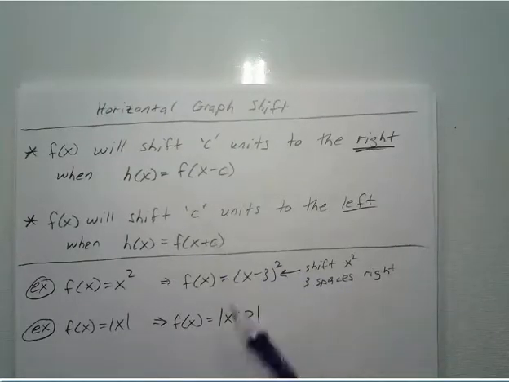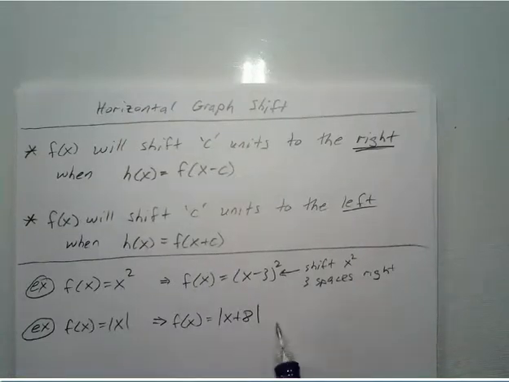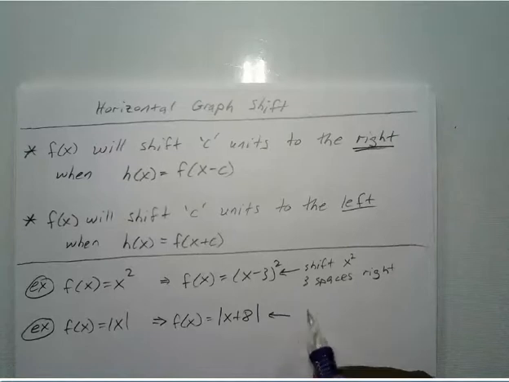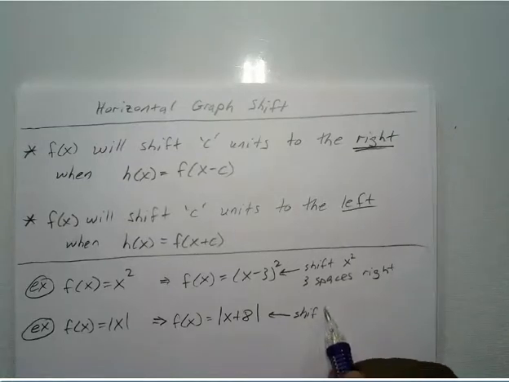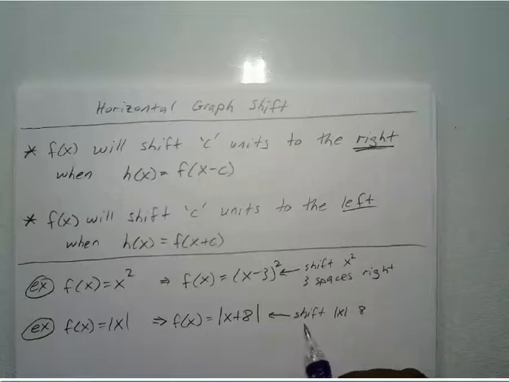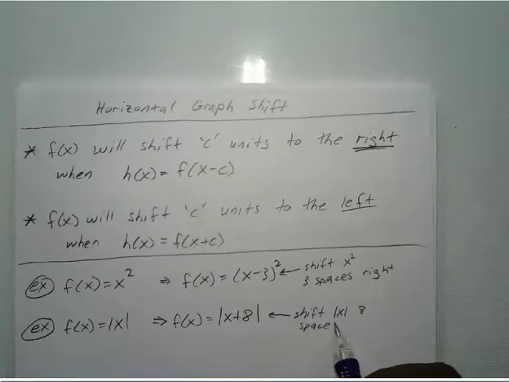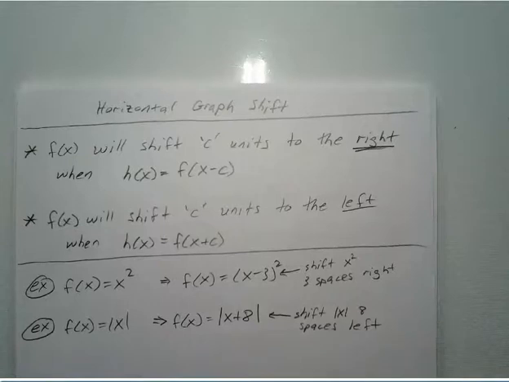So that'd be plus 8, so you shift absolute value of x 8 spaces to the left. Alright, so hopefully that's starting to clear up the difference between the vertical shift and horizontal shift.